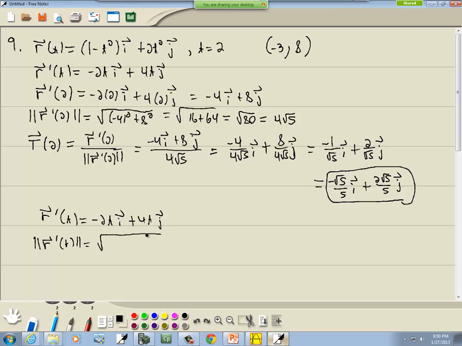So I'll have the square root of negative 2t squared plus 4t squared, which is going to give us the square root of 4t squared plus 16t squared, which gives us the square root of 20t squared. Well, this is 4 times 5, so a 2 can come out and a t can come out. So we got 2t square root of 5.